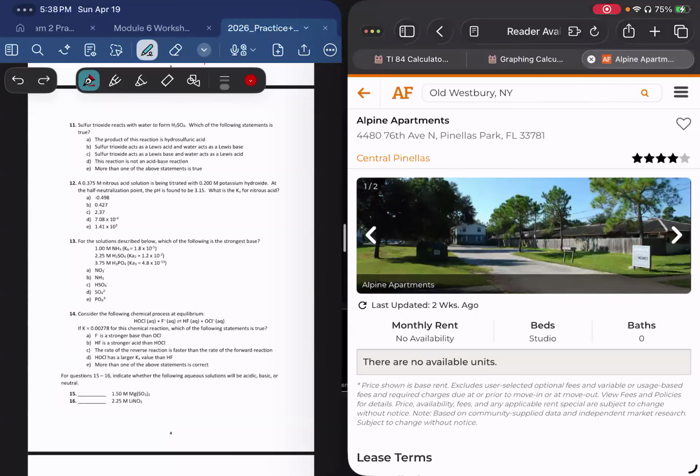What's really important is the Ka's and Kb's, right? So we see here that they gave you the Ka2. So the Ka2 represents the HSO4 minus acting as an acid, right?